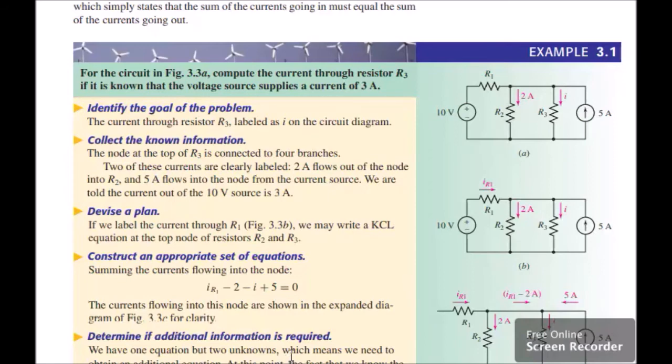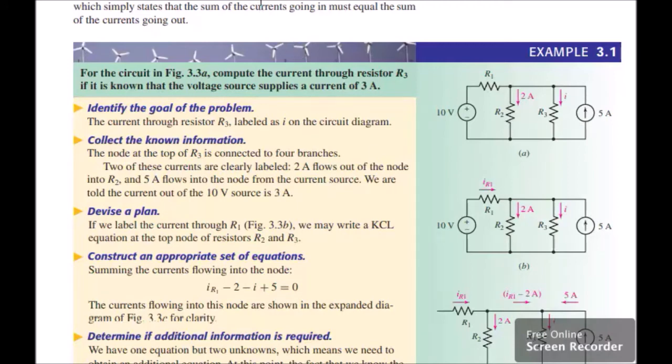Okay, ang gagawin ko is conceptual lang, kumbaga yung paano siya gagawin. Then kayo na bahala mag-practice. Okay? Now for the circuit, this is the circuit. Compute the current through your resistor R3. Current doon ni R3. If it is known to have the voltage source supplies a current of 3 ampere.